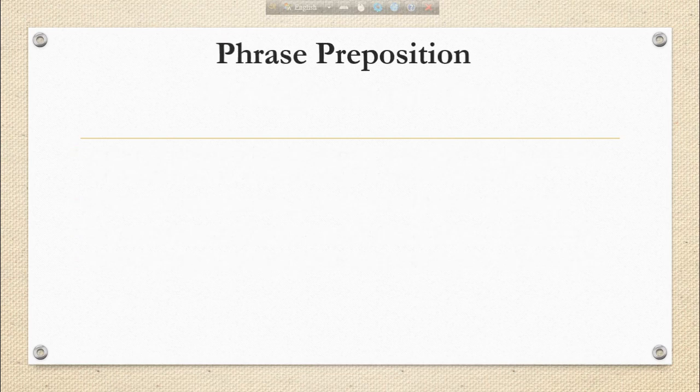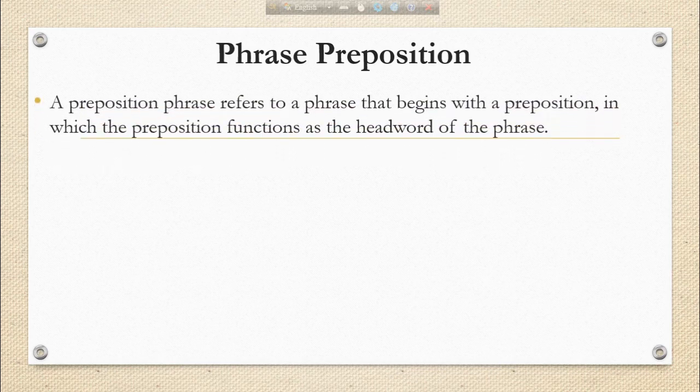Phrase preposition. What is a phrase? A phrase is a small part of a sentence which has no subject and no finite verb. A prepositional phrase refers to a phrase that begins with a preposition, in which the preposition functions as the head word of the phrase.